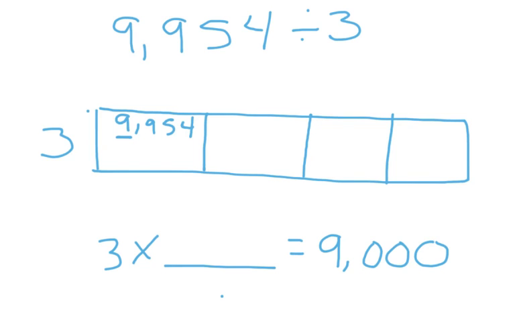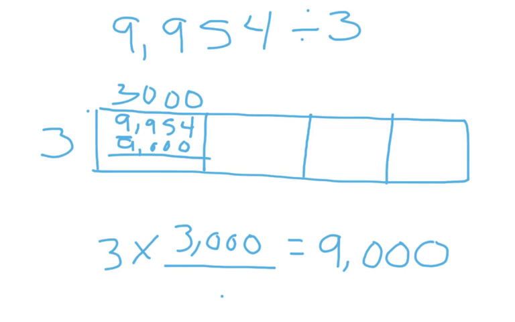So 3 times 3,000 is 9,000. So actually, this is sweet. I can multiply 3 times 3,000. And 3 times 3,000 is 9,000. Look at that. How many do I have left? 954.